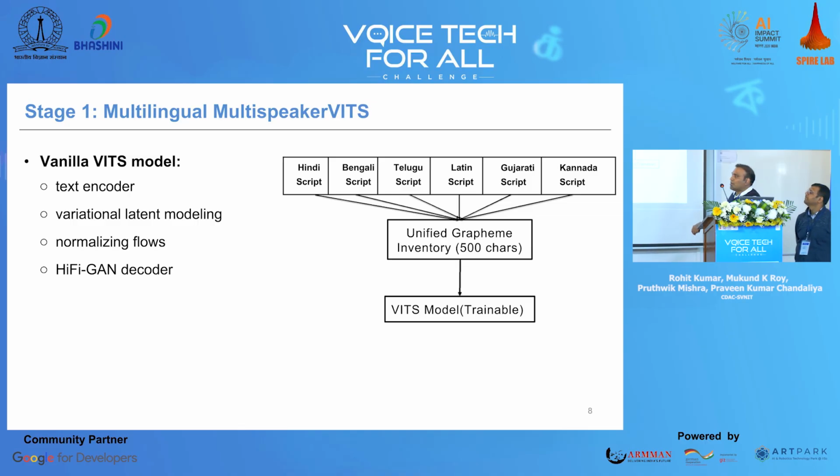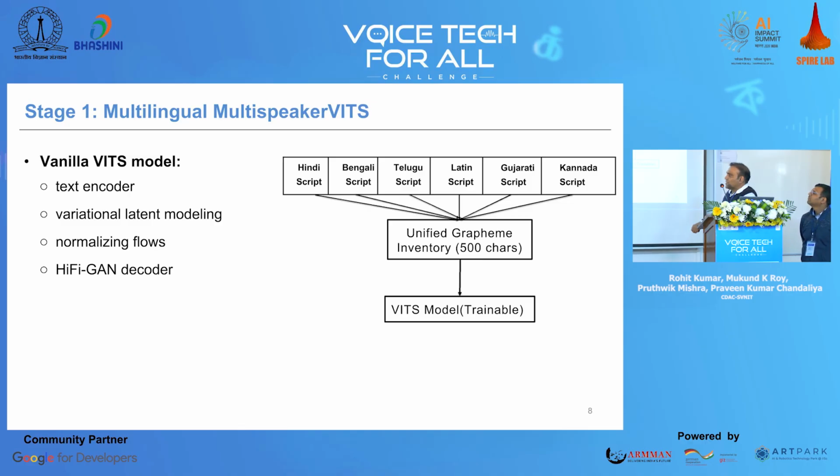And finally, the HiFi-GAN decoder, which synthesizes the representations into the waveform. Here, we have prepared a unified grapheme inventory of 500 characters. In a way, we wanted to remove the dependency on phonemization of the transcript.